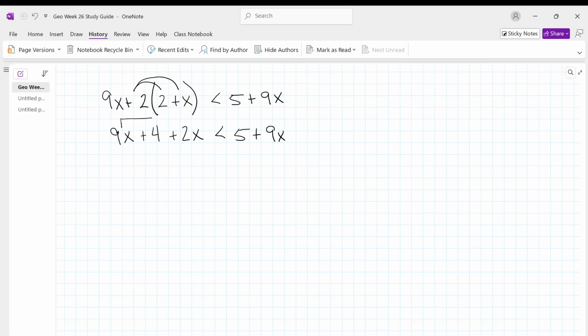If we combine the 9x and the 2x, we get 11x plus 4 less than 5 plus 9x. Can subtract 9x from each side.